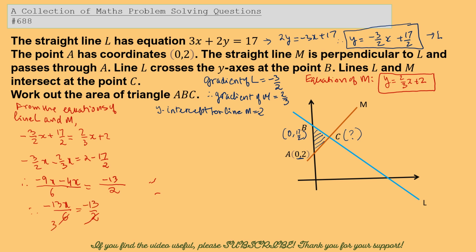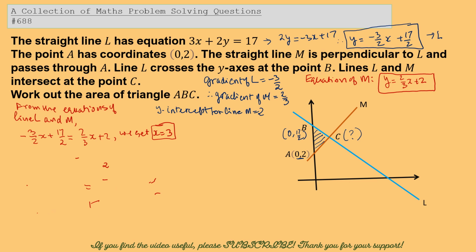I made a mistake earlier, it should be minus. So the 13 goes away, and with the negative signs cancelling, x equals 3. So when x equals 3, what would y be? We get x equals 3.